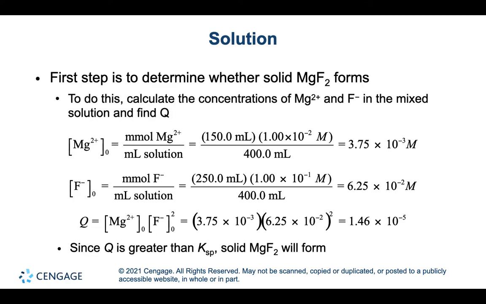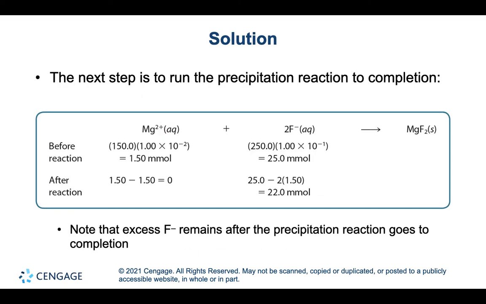So recognizing that it's going to form, our first step is to assume that it goes all the way to completion. In other words, let's determine which one of these two ions, magnesium plus 2 and F minus, is actually the limiting reactant.